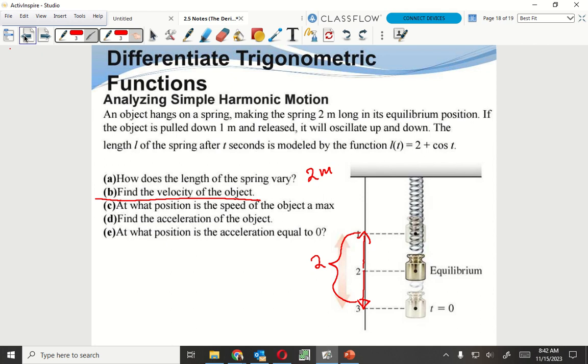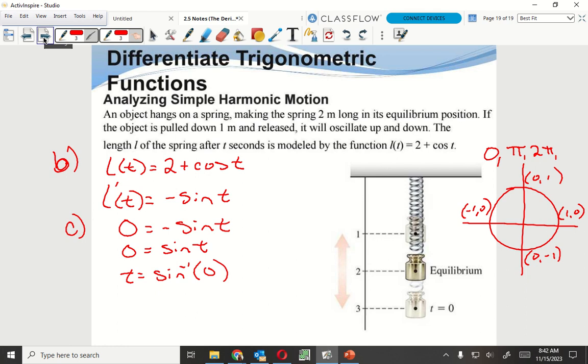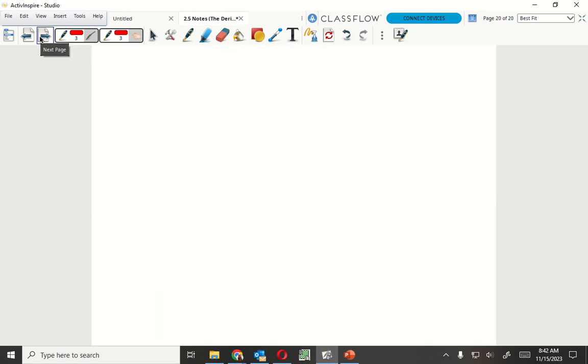Anyway, so it's going to be the slope of the velocity. So acceleration is the slope of the velocity. Therefore, it is the derivative of the velocity. So we said L prime of t was negative sine x.